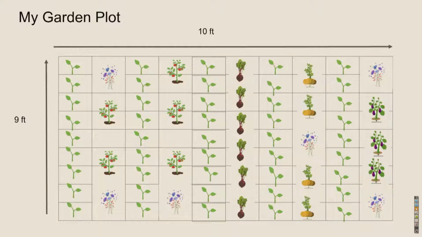Although some of these plants will get a little bit bigger, and I want to bring the bees to my garden, so I threw in some flowers. I calculated that I could have 5 rows with 9 plants in each row, giving me 45 plants, and then a variety of some root plants and maybe some larger ones like tomatoes.